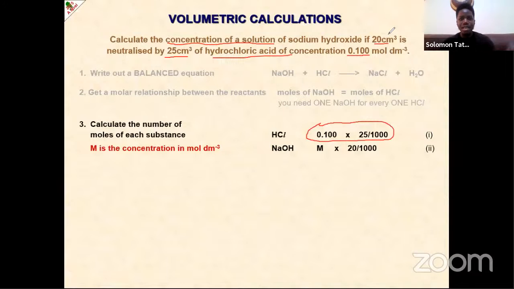Charles, that is also correct. James, well done. So you would say 1,000 cubic centimeters contain 0.1 mole. How about 25 cubic centimeters? And then as a result of cross multiplication, you would get this expression: 0.1 times 25 over 1,000.